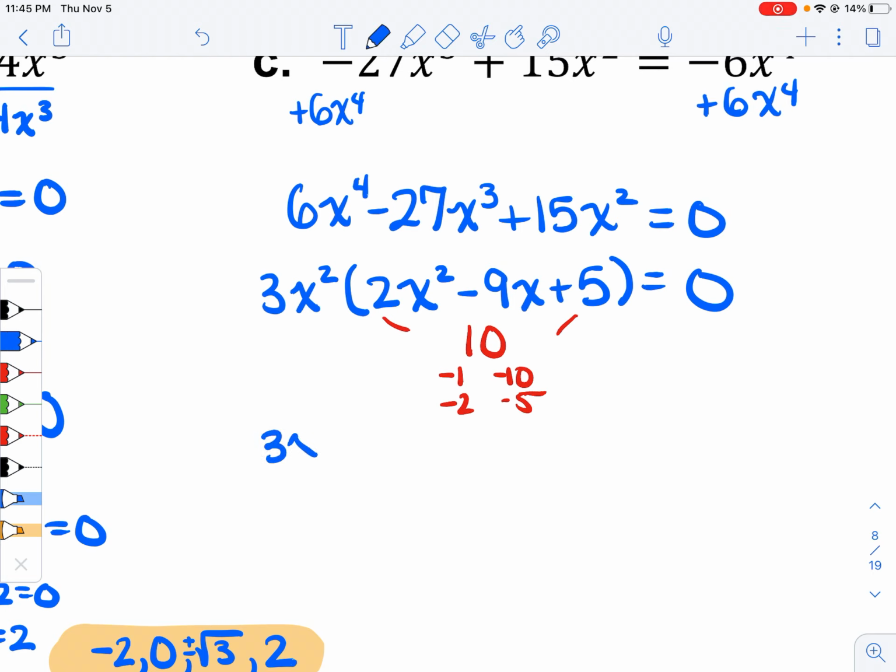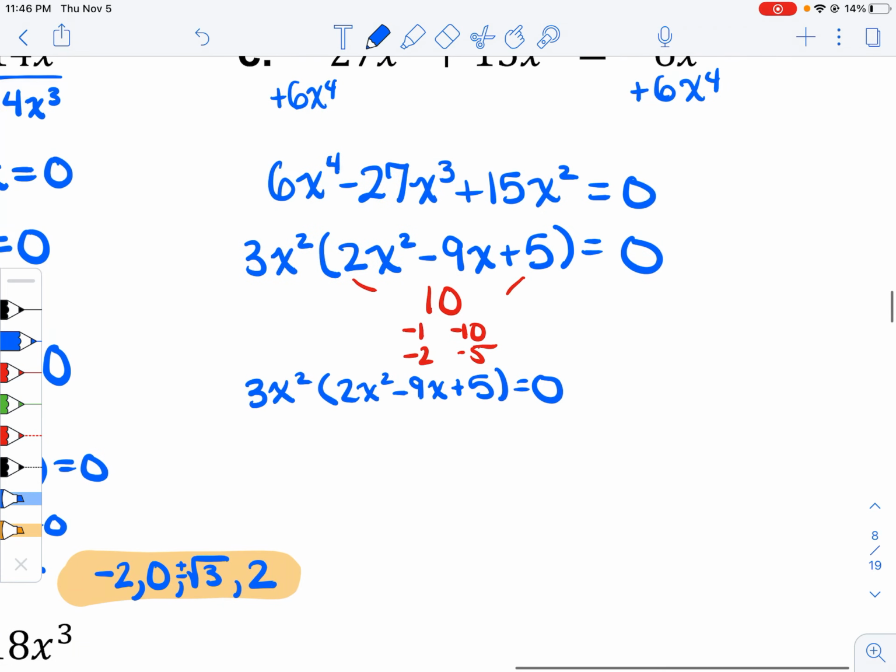So we have 3x squared times 2x squared minus 9x plus 5 equals 0. We could check and see if this discriminant is negative. So if you plug this through, remember the discriminant is b squared minus 4ac, and if it's negative, that means it's complex, and I only asked you about the real solutions, so not the imaginary ones.